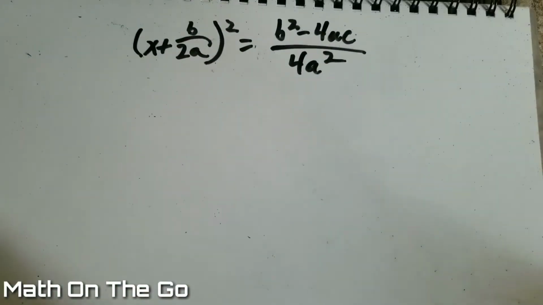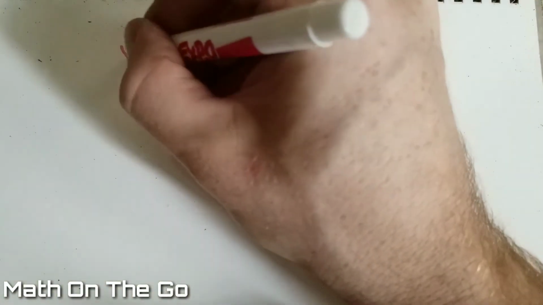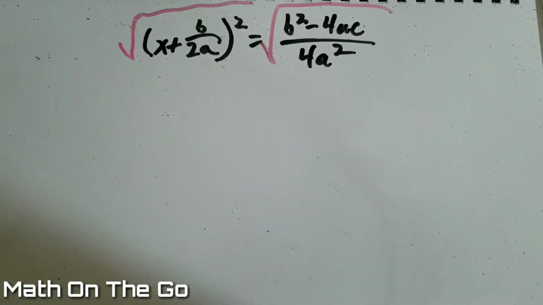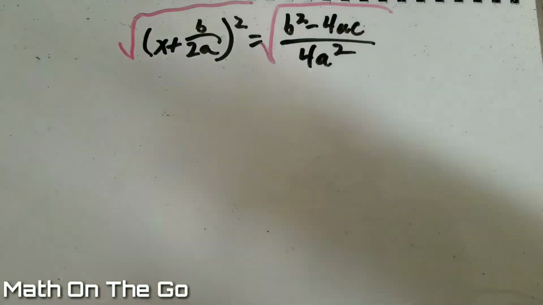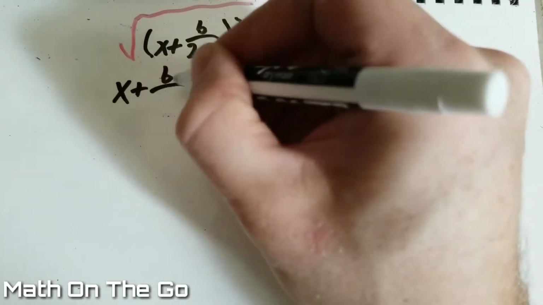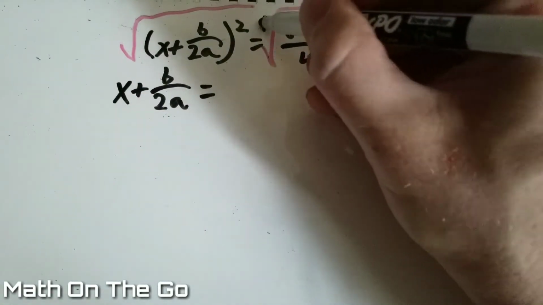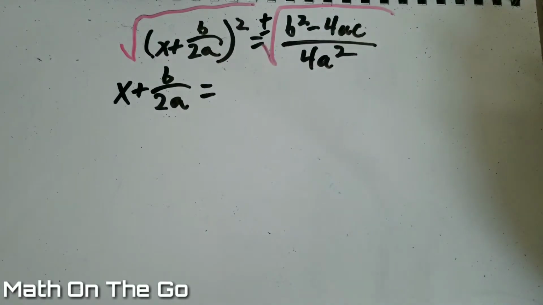Okay, so we're almost there. Next thing we want to do is take the square root of both sides. So what we're left with on the left side is x plus b over 2a equals, don't forget your plus or minus on the right hand side.